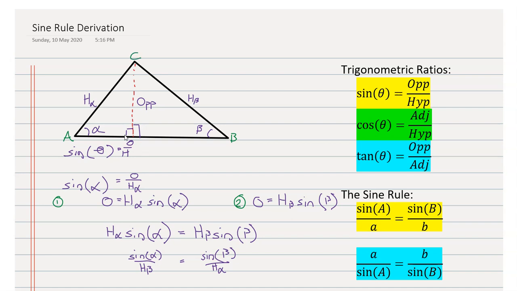Now we know that we always call the sides opposite the angles by their lowercase letter. So notice that for angle A, the opposite side is going to be over here, and we will call it little a. And little a corresponds to the hypotenuse of beta.